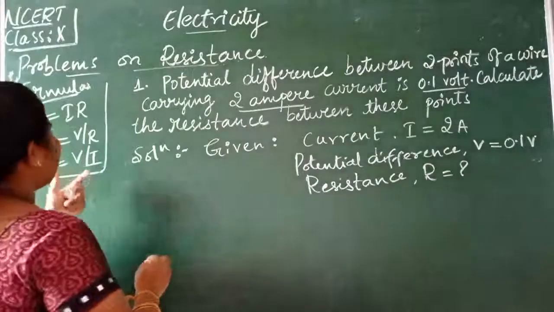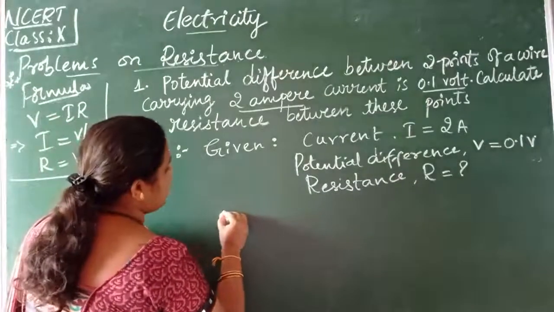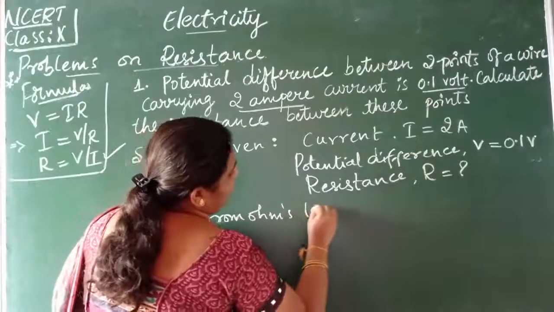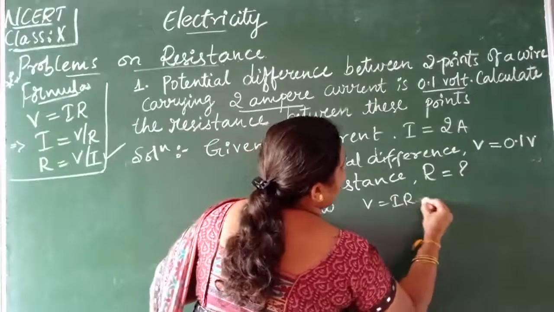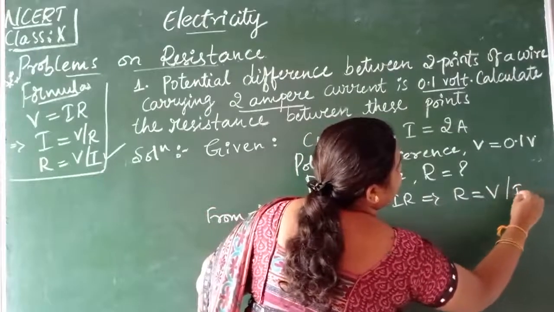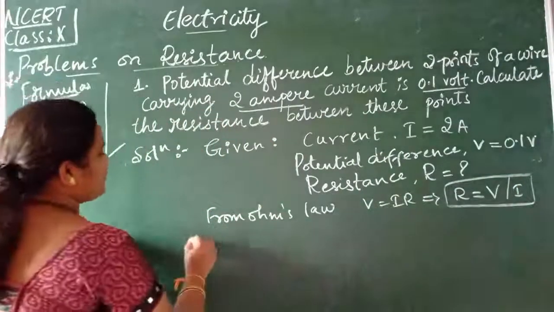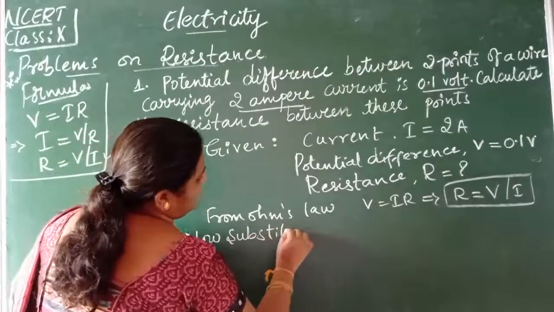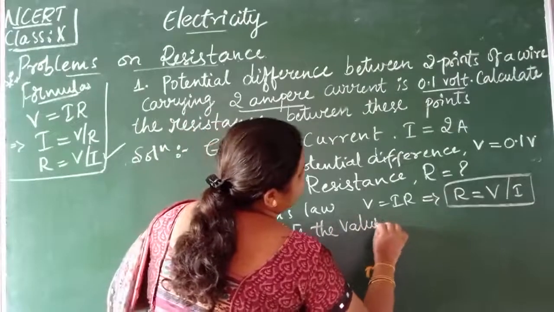Now let us use the formula from Ohm's law. If V is equal to I into R, this can be written as R is equal to V by I. Now substitute the given values in the formula.